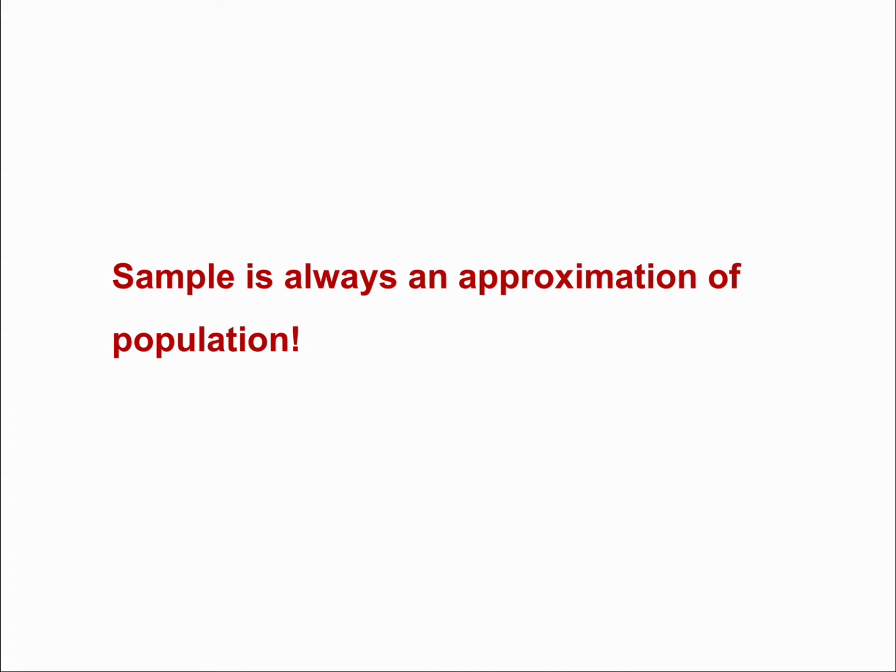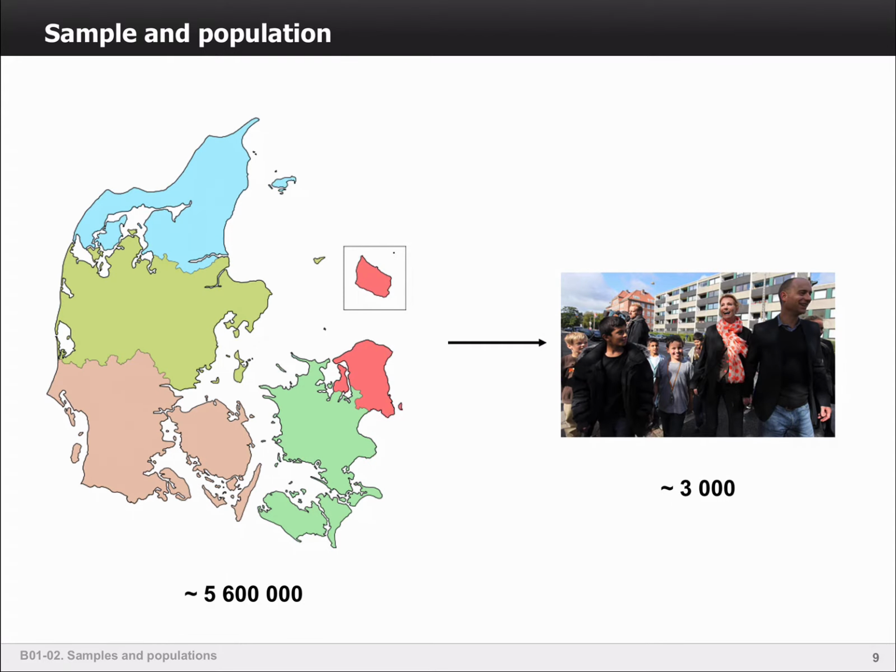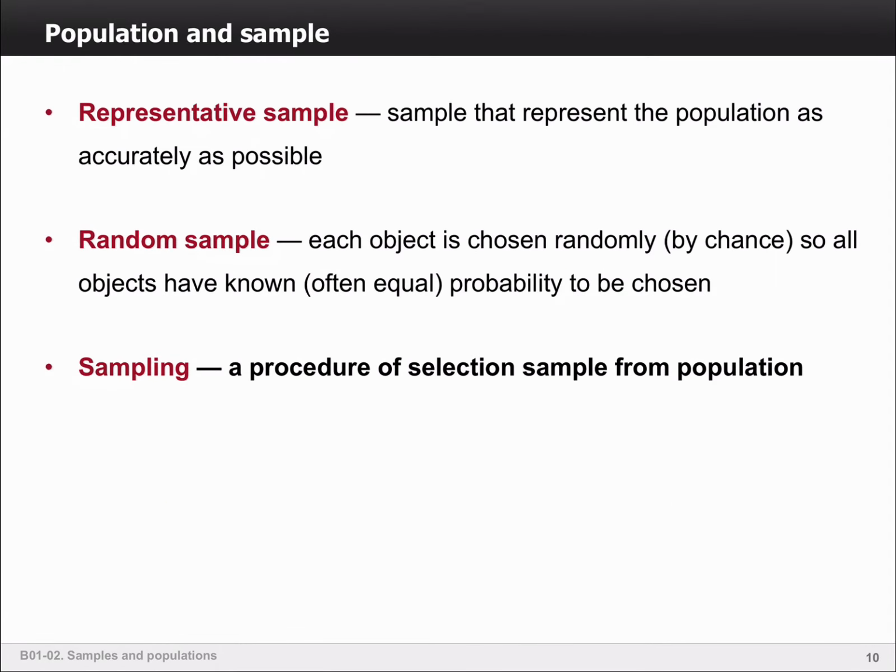First of all, I'll remind you that a sample is always an approximation of the population. So when you see an average value for a sample, it doesn't mean that the average value for the population will be the same. Moreover, it will definitely not be the same. Okay, so we know that in real life it's possible to take a sample and say something about the population. We discussed that in the last learning sequence. And we know that it's very important that samples should be random and representative, right?